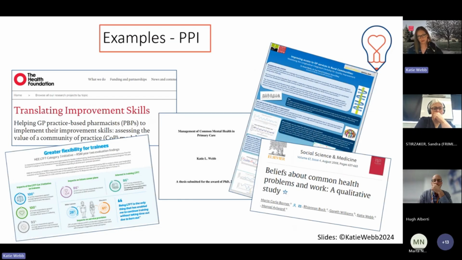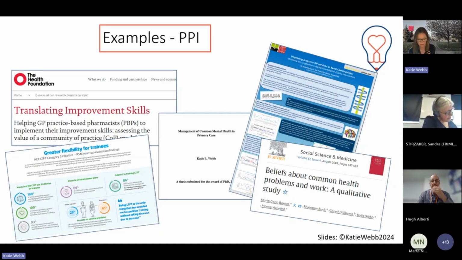So there are various examples of PPI on projects that I've worked with. Translation of improvement skills was a project centered around a community of practice and GP practice-based pharmacists, and whether they were able to implement their improvement skills. It was really important to have involvement throughout that process.